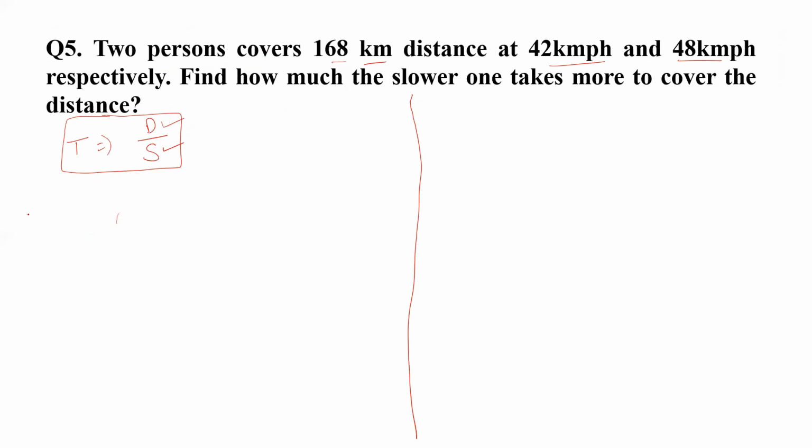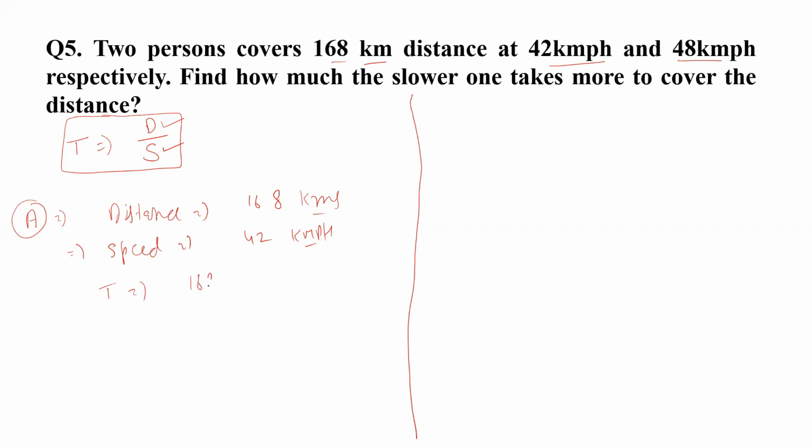So first of all, we shall solve for A. We are talking about A's distance. The distance covered by A is 168 kilometers, and the speed of A is 42 kilometers per hour. So we can easily find the time taken by him.